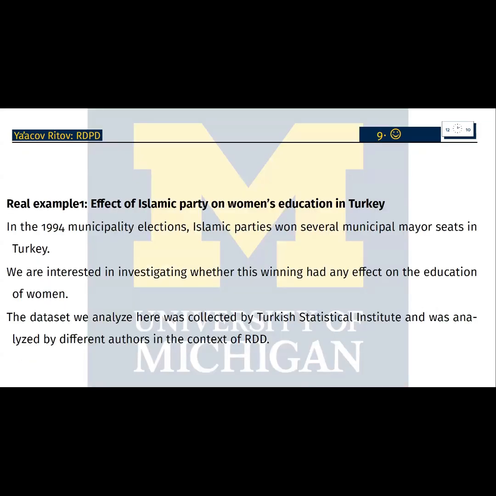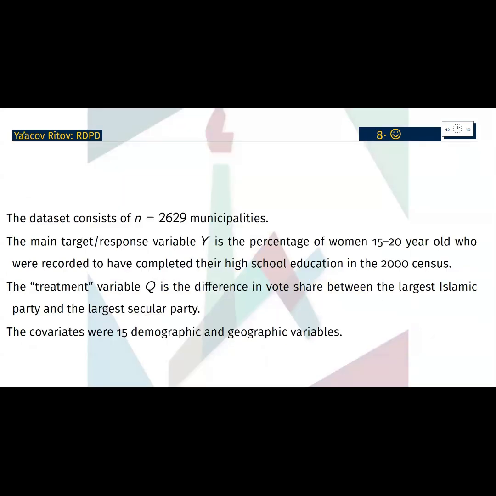The other example that we consider is the effect of Islamic party affiliation on women's education in Turkey. Again, standard data where 2,700 municipalities were used.